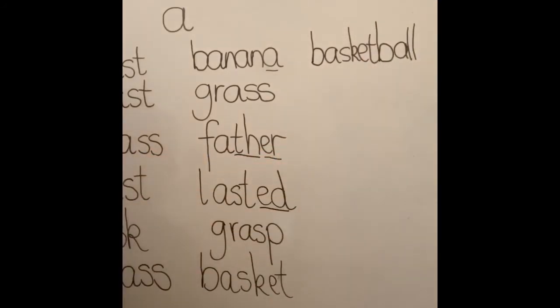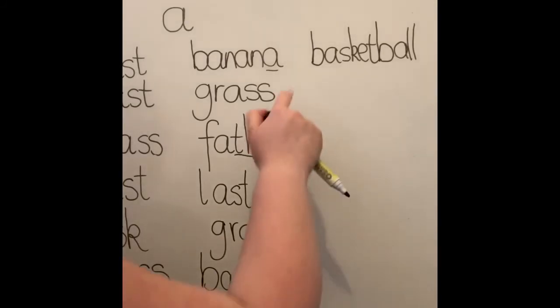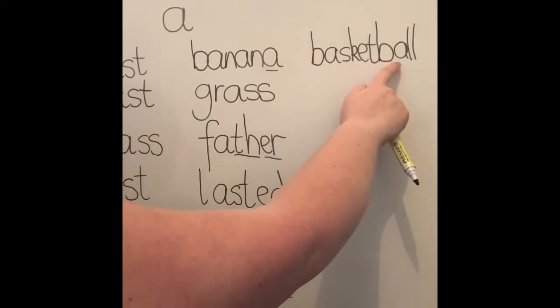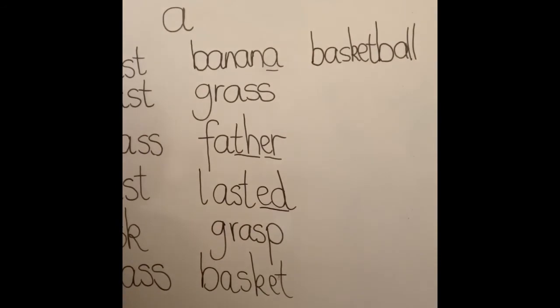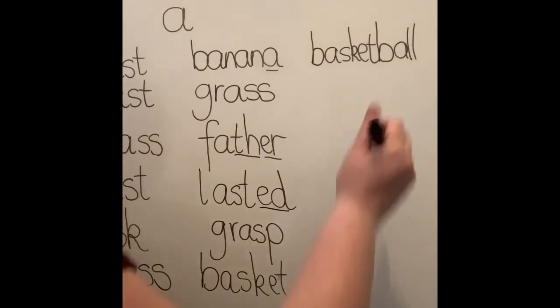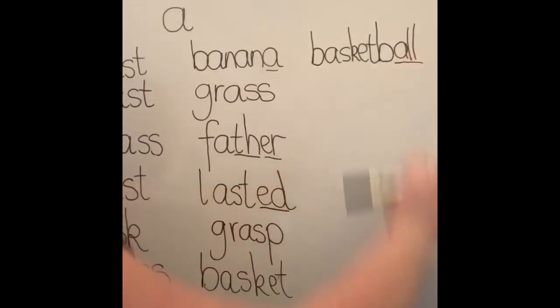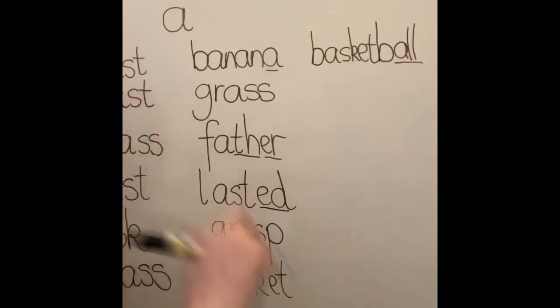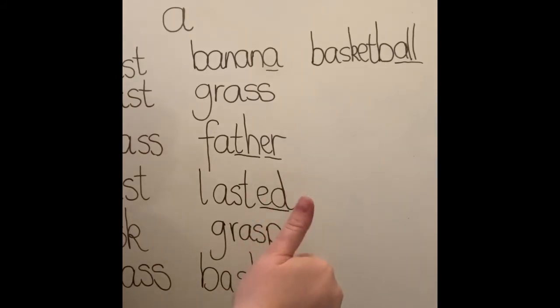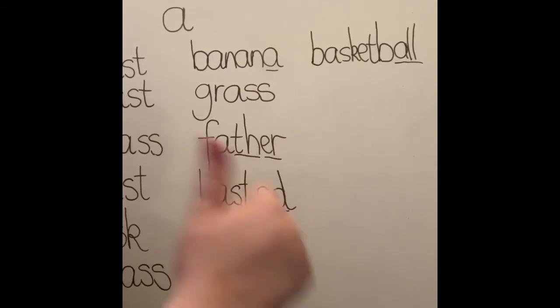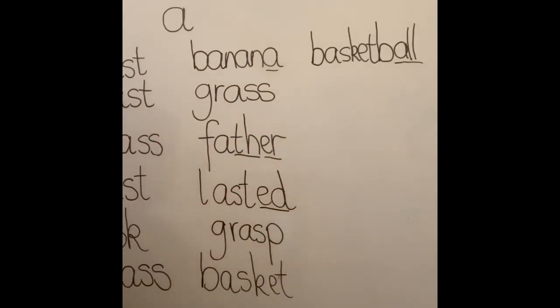A sport that you play with a ball and a hoop, and you have to run around and score some goals. Basketball. So these are all going together in this word. And that's even a word on its own too. Let's count the sounds. Our longest so far.